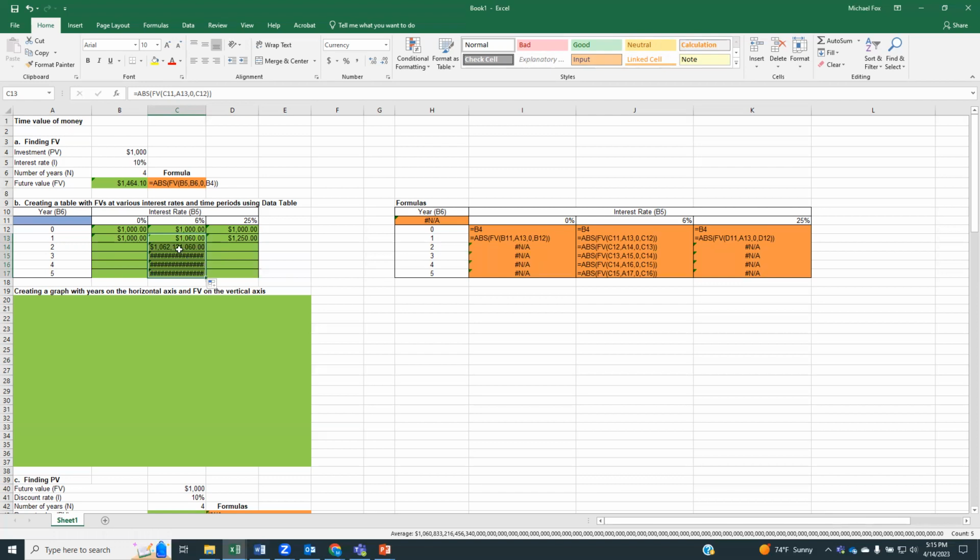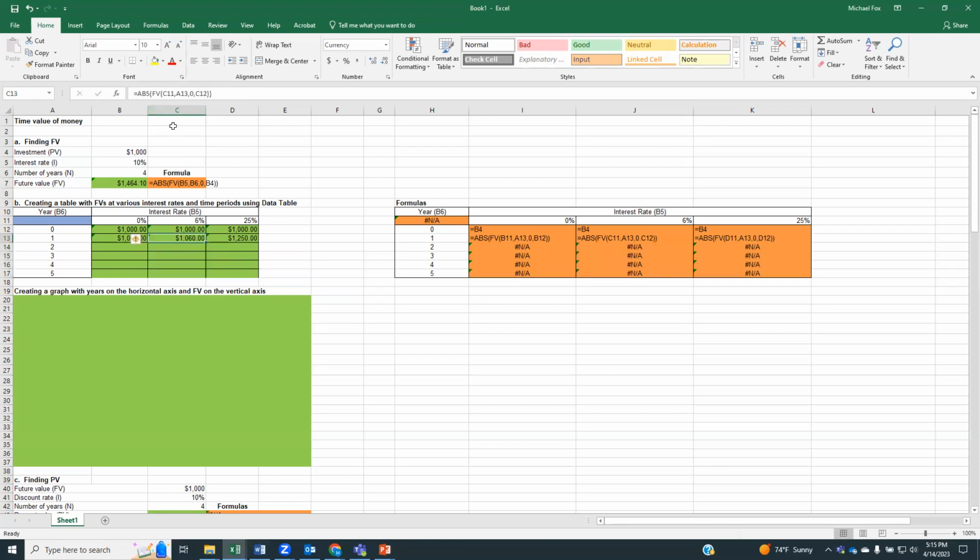It adjusts my formula. Here you can see I'm looking at C11, A13, 0, and C12, which is exactly where I want to look. But then it assumes I want to look at C12, A14, 0, and C13, which is not what I want to do. It slides the formula down with you.